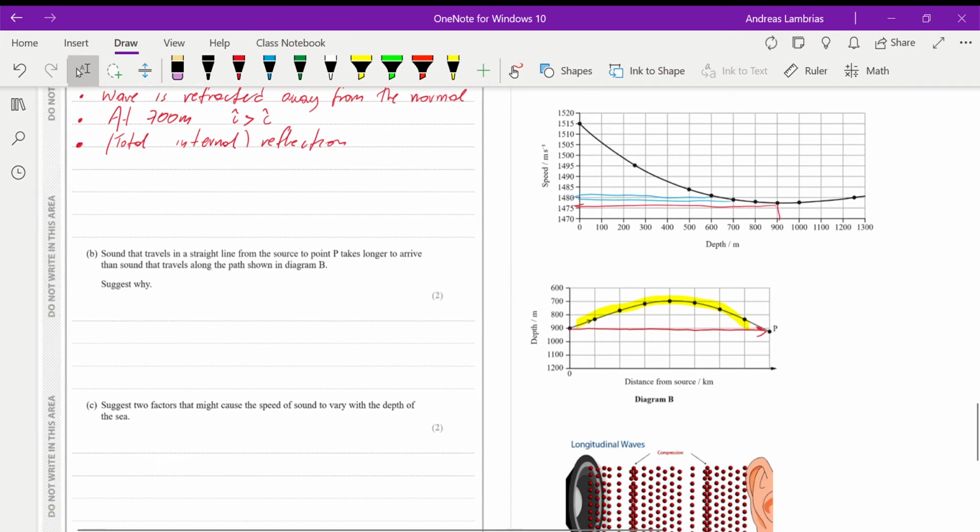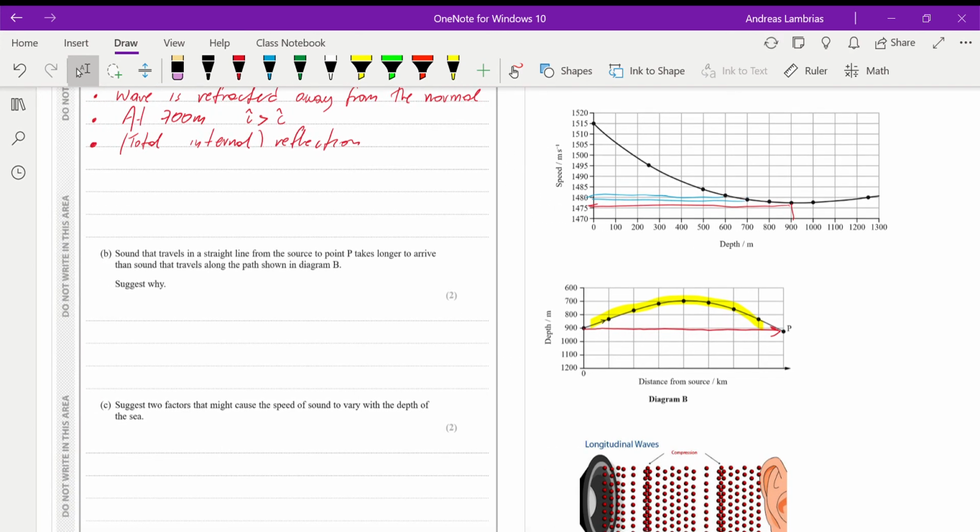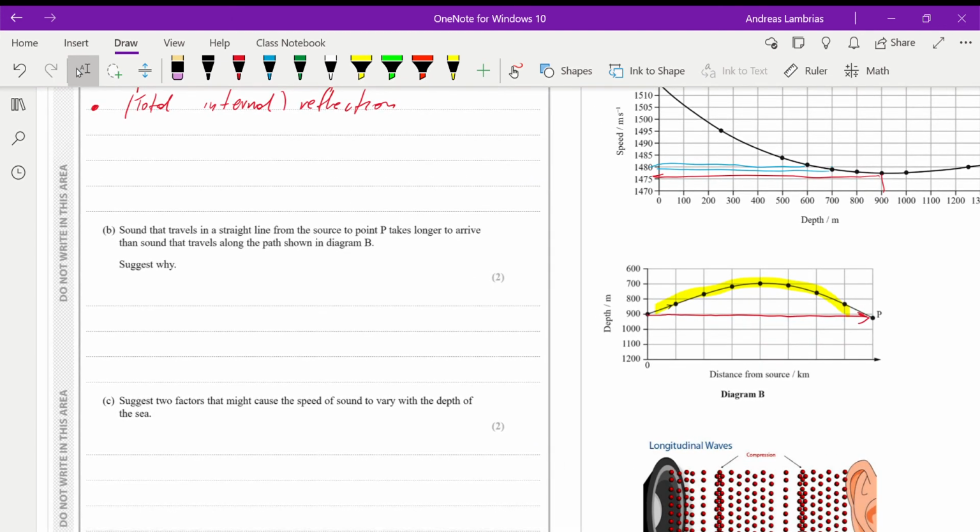So even though it's covering more distance, the fact that it's traveling at a higher speed will allow that wave to reach point B faster than going straight from the 900 to B.